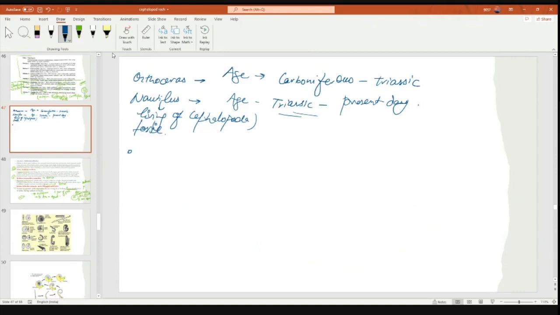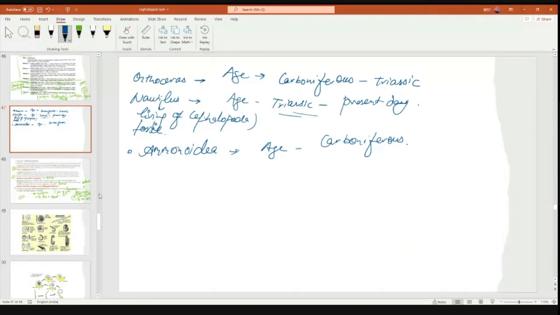And next one is the Ammonoidea. Age is Carboniferous and it will be all totally extinct one. Okay, not Ammonoidea के अंदर.